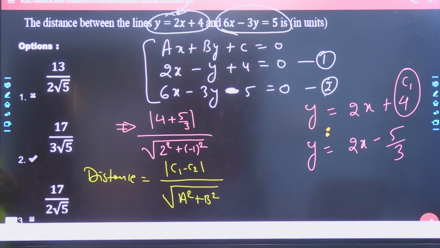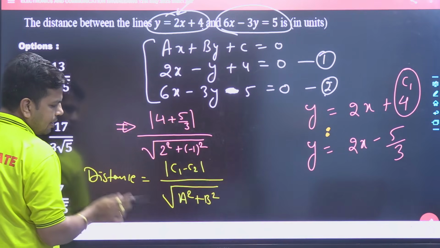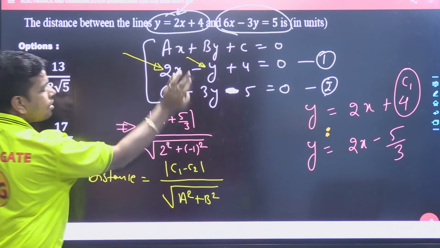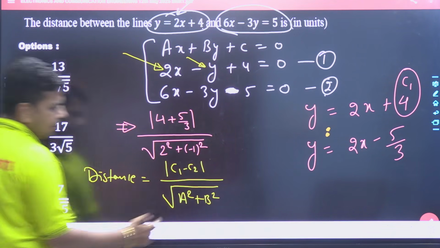Now this is the distance for line A. You can see this is 2, this is minus 1. Okay. So that would be the value. Now just solve that, evaluate this.